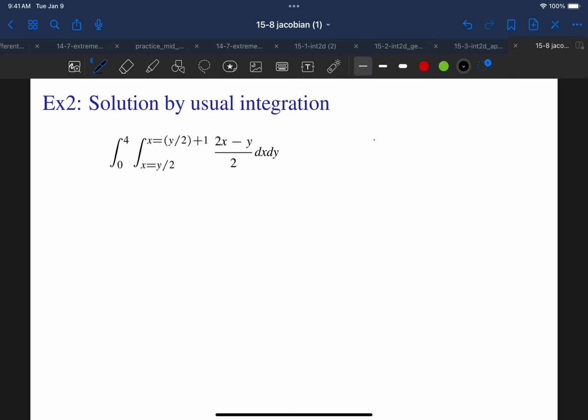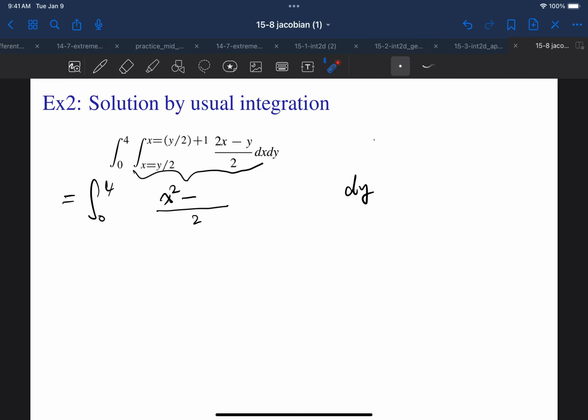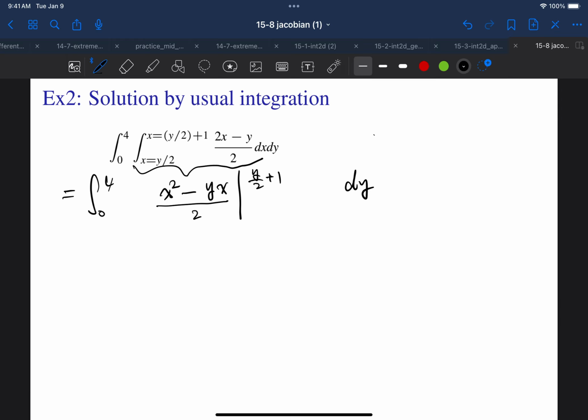For this computation, as usual, we put the outer integral aside and first work on the inside integral. The antiderivative of 2x is x squared, and the antiderivative of y with respect to x, looking at y as a constant, is just y times x, giving half of y plus 1, and then I need to put in the upper limit for x.